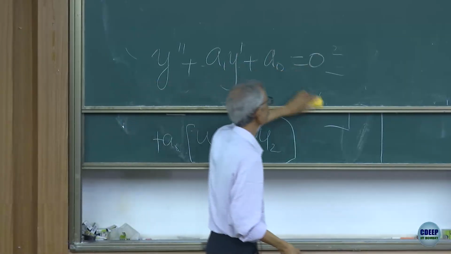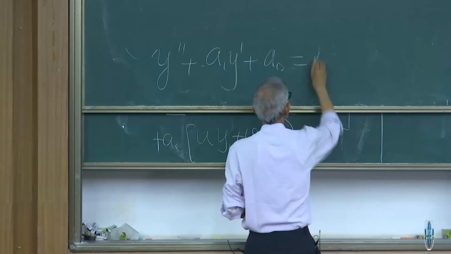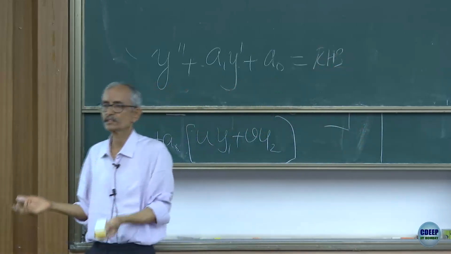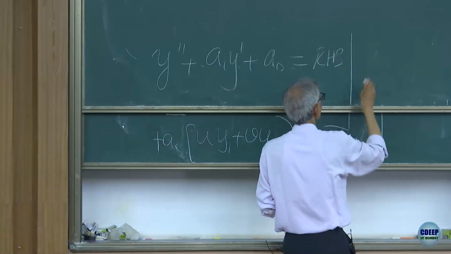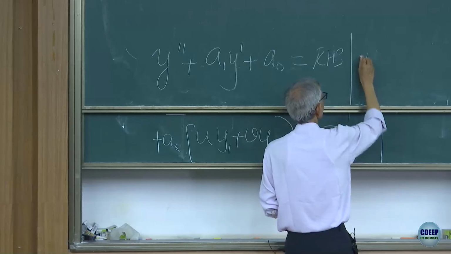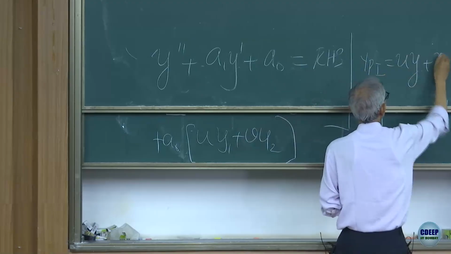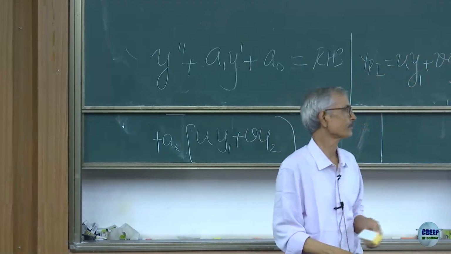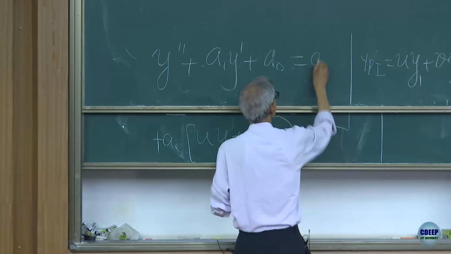My original differential equation is y double prime plus a1 y prime plus a naught y equal to an RHS, and I'm trying to find a solution to this. I am hypothesizing that the y particular is u y1 plus v y2, and this right hand side is, let's call it g.